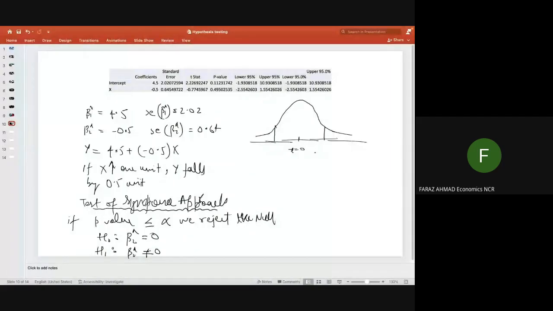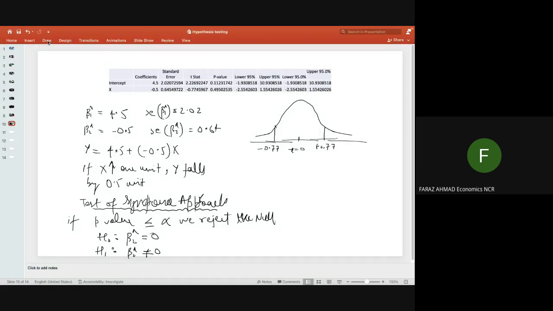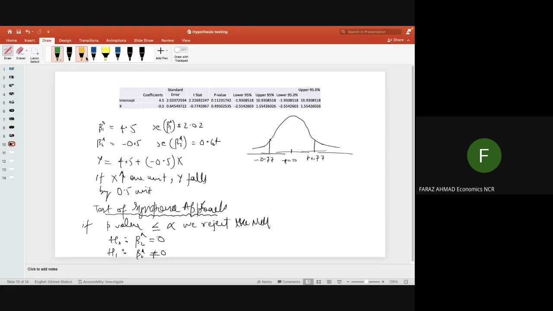P-value is simply locating your t-statistic, which is 0.77, minus 0.77 and plus 0.77, from the table, as you can see, and then finding the area in the tails. So whatever area in the tails is the p-value.